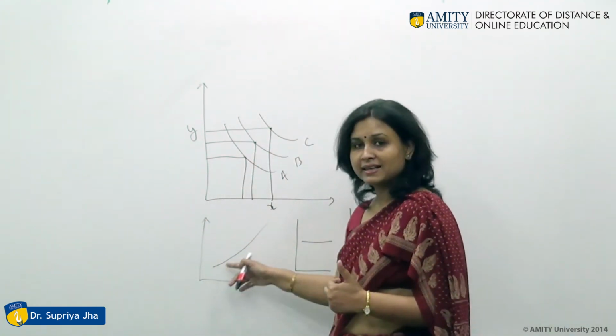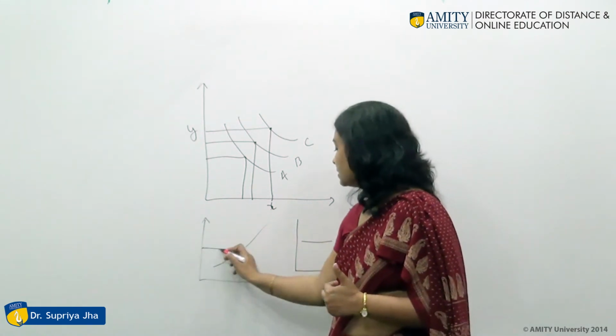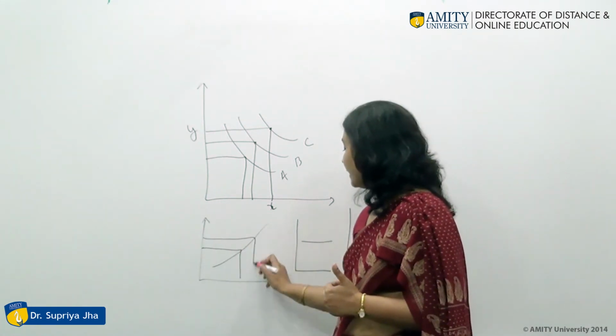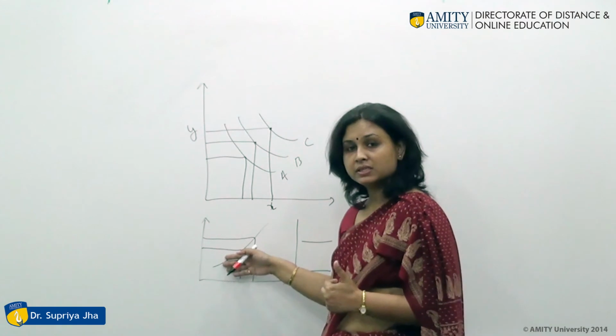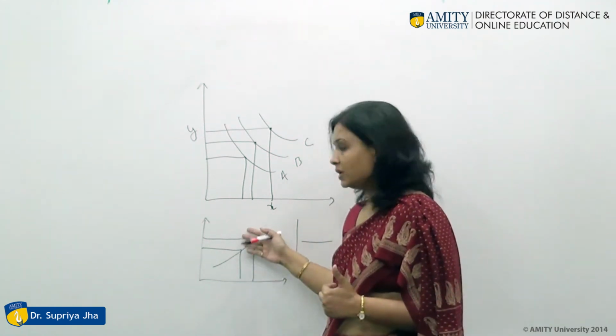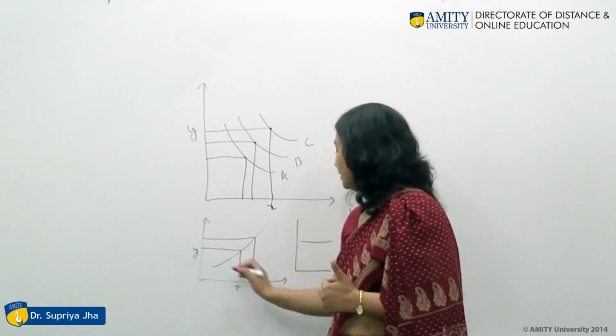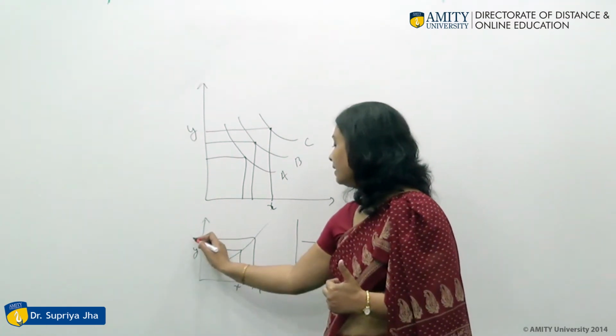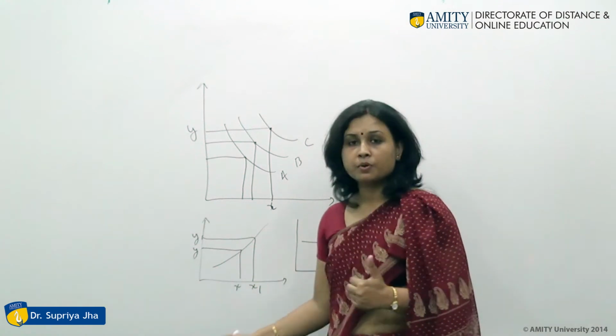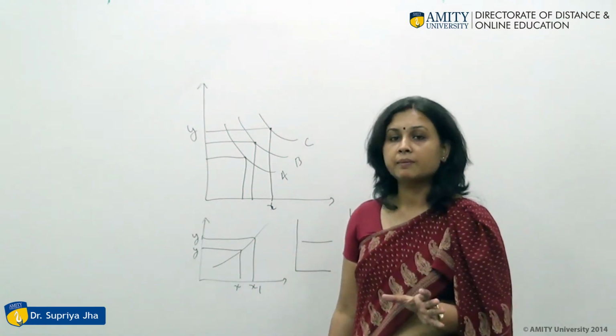If we say that it is upward sloping, that means the consumer is having more. When the consumer goes for the second combination, he is having more of X. Suppose he was buying X and Y, now he is buying X1 and Y1, which is not possible with his limited money income.